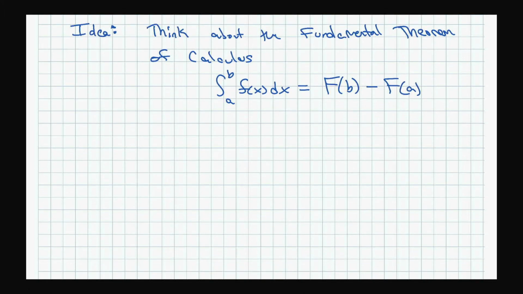And you probably have never thought about it this way, but it's actually a little bit weird, because what you're saying when you write down the fundamental theorem of calculus is that to evaluate an integral over a to b, you're actually integrating this f of x at all of the points between a and b, right? But somehow, to actually get the number at the end, all you need to know is the b and the a. And that's a little bit weird.